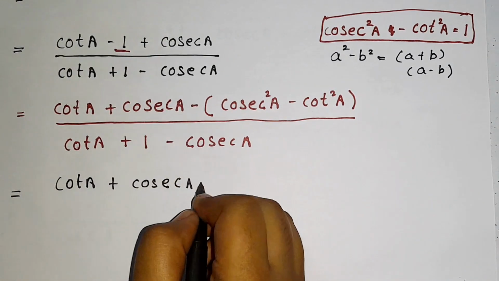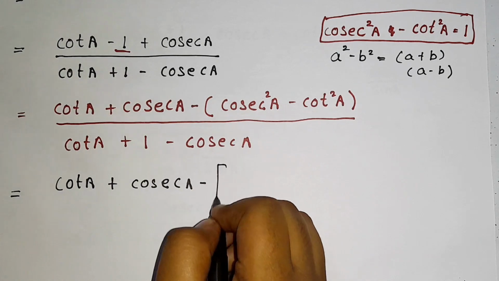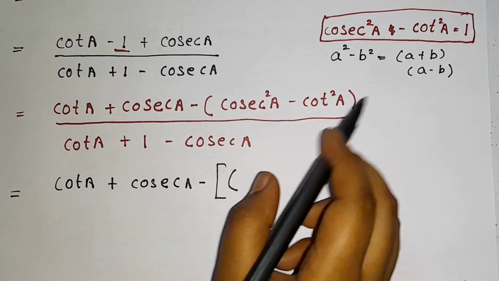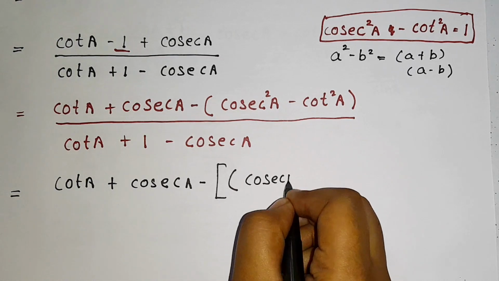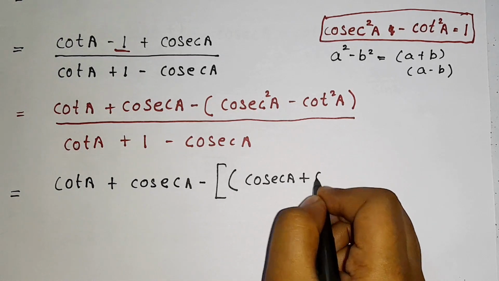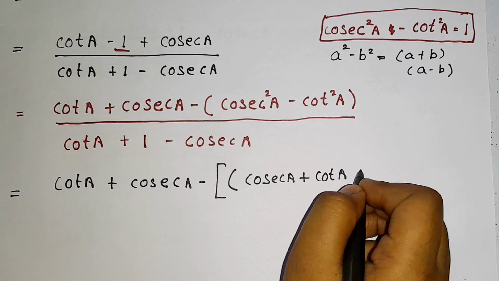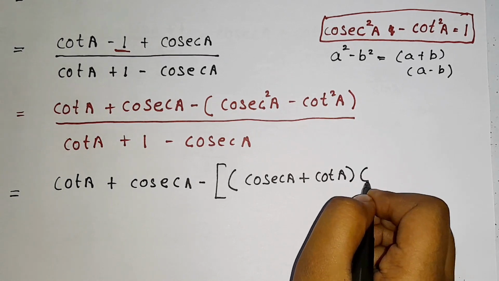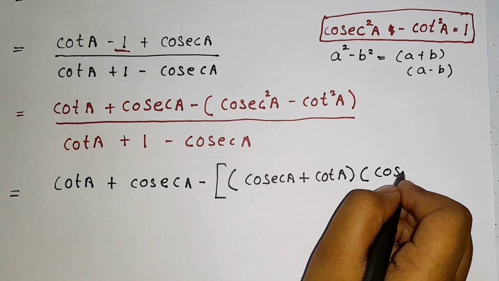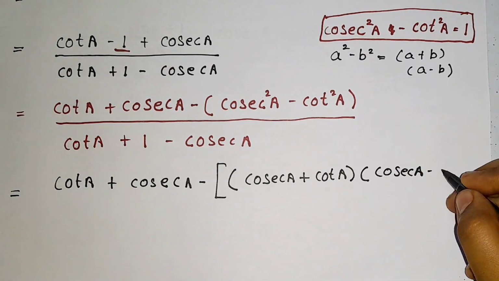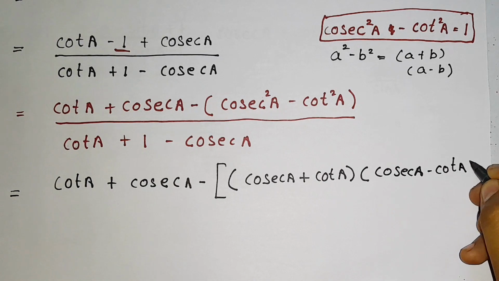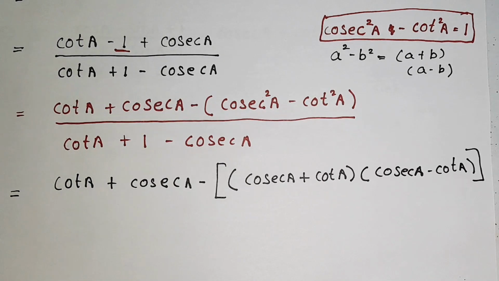So here let us write the minus as it is and then bracket. So A plus B, that means cosecant A plus cot A and then cosecant A minus cot A. Okay, this is how we apply the formula.